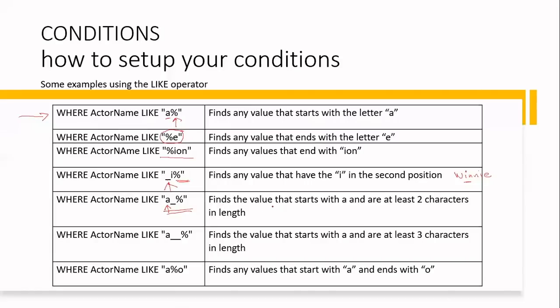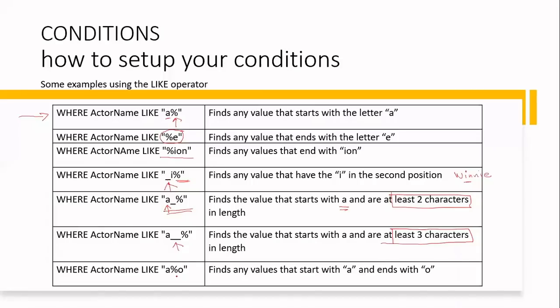What that tells us is that the actor name should start with an A and it must have at least two characters. Here, you may not see this very clearly, but there are two underscores, which means it's similar to the previous one, but it must have at least a length of 3 characters.